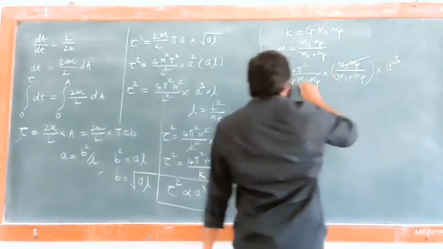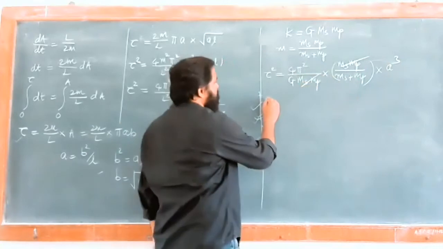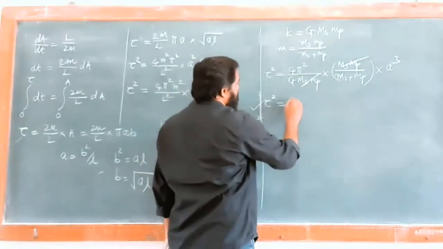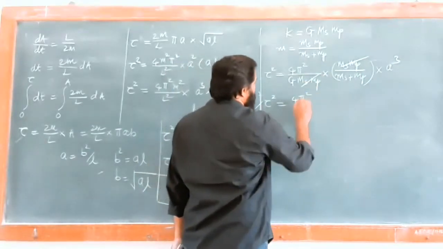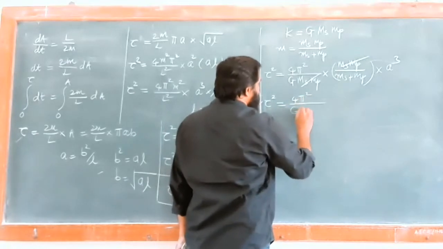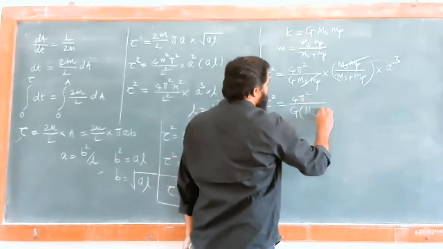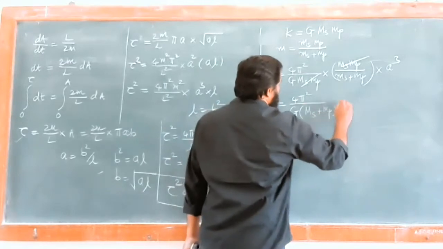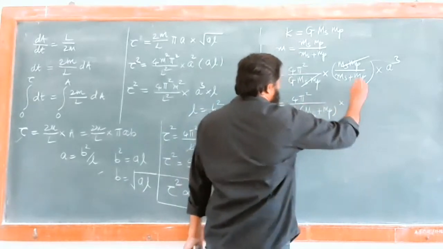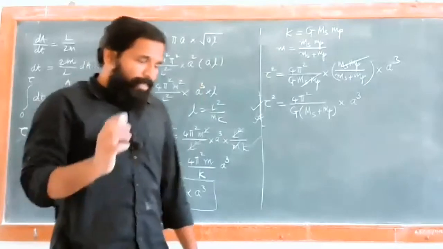So this ms mp will get cancelled out, and we have tau square equal to 4 pi square divided by G into the mass of sun plus the mass of planet, multiplied by a cube. What are the conditions now?